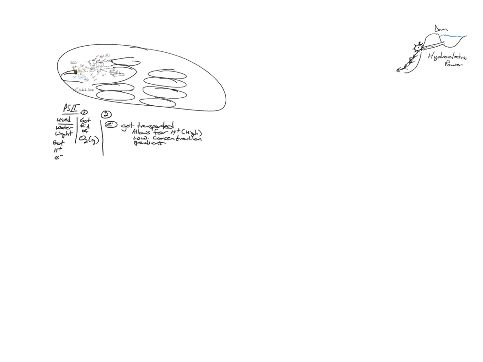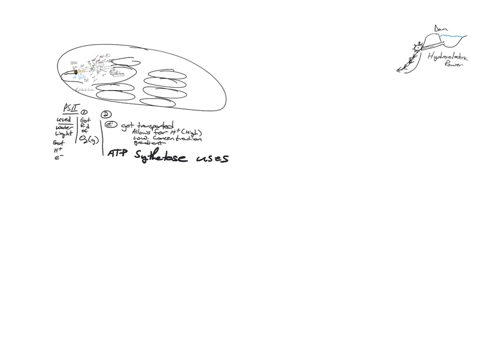So the electron being transported allows for hydrogen ions to be high and allows a concentration gradient, which allows ATP synthetase to do what? What does ATP synthetase use?